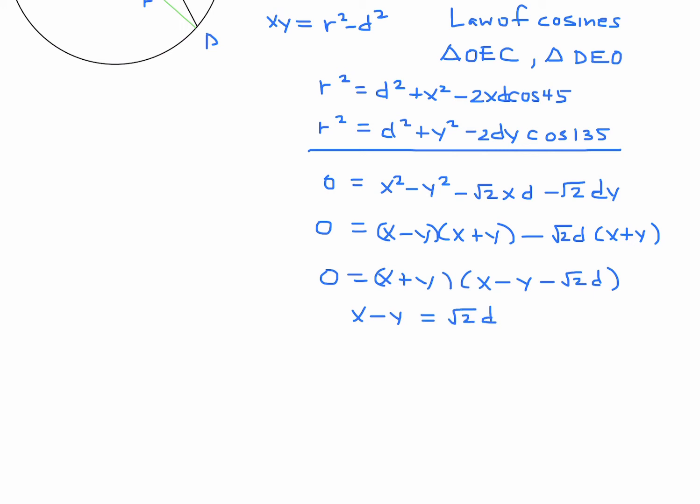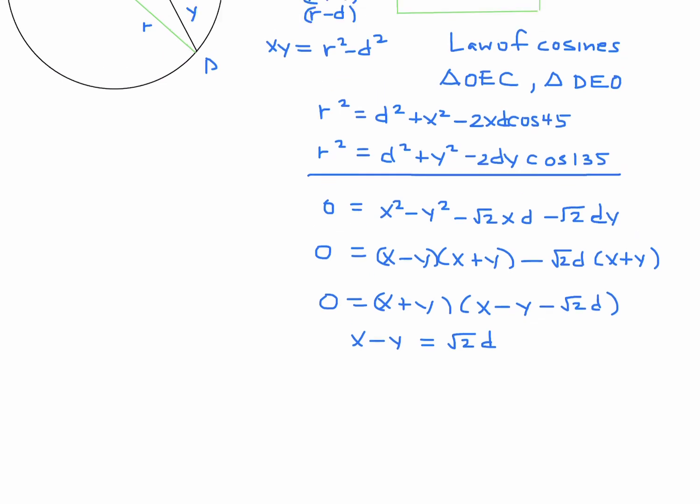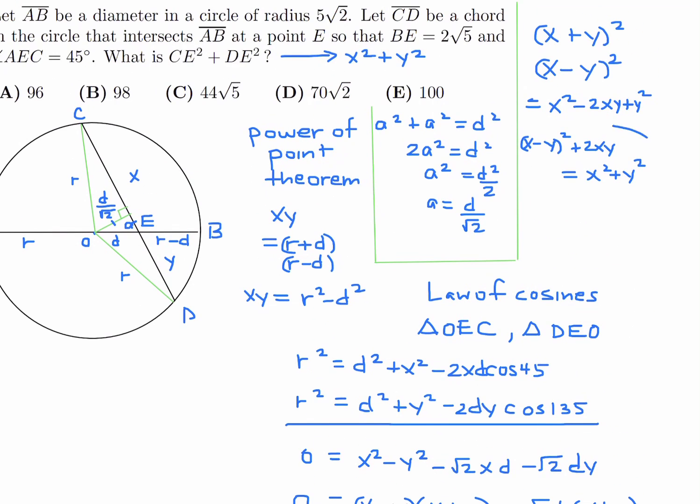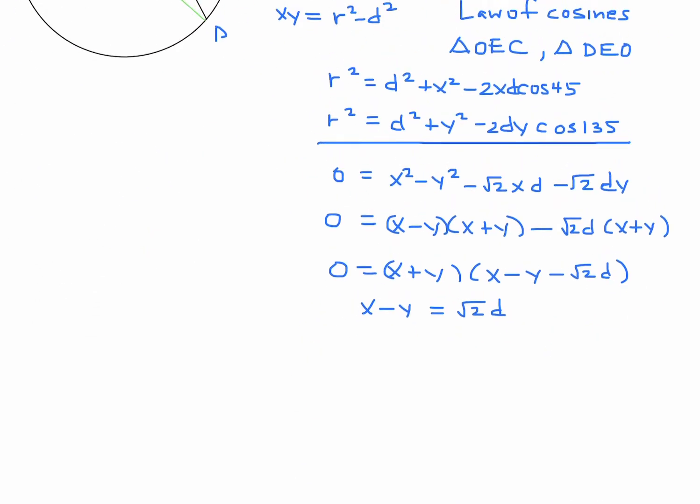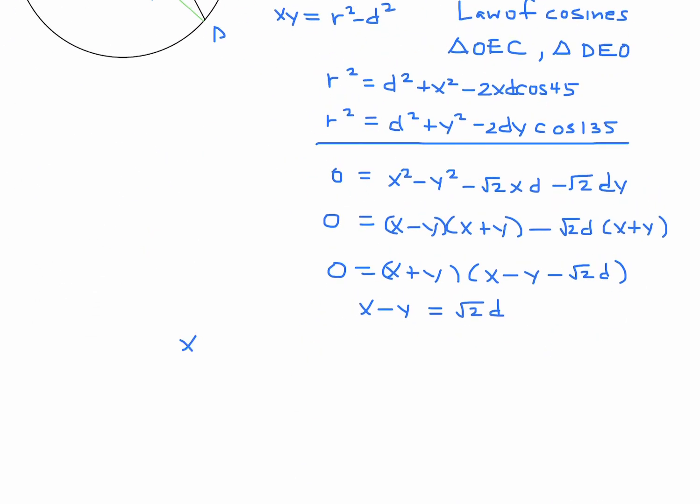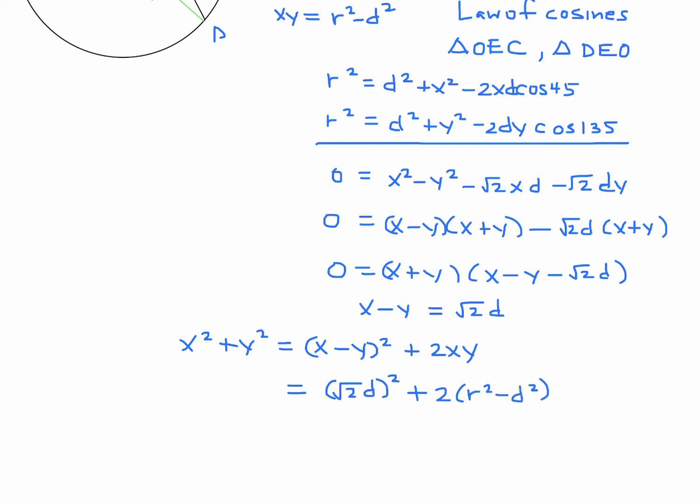All right, great. So now, as promised, we go back and we use this relationship that x squared plus y squared is equal to x minus y squared plus 2xy. So x minus y squared is going to be root 2d squared plus 2xy. Well, xy is that, so 2 times r squared minus d squared.